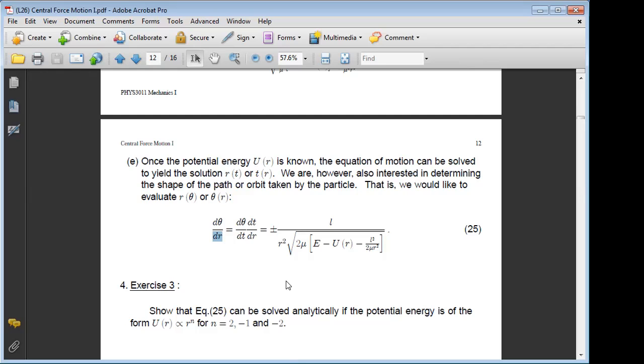Now we move this R squared inside the radical sign. What will be there? We have R squared, 1 over R is here, 1 over R squared is here.